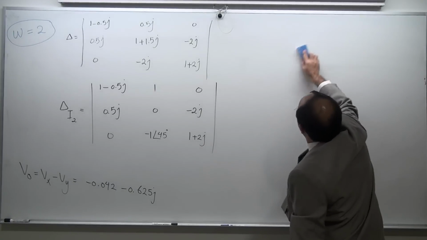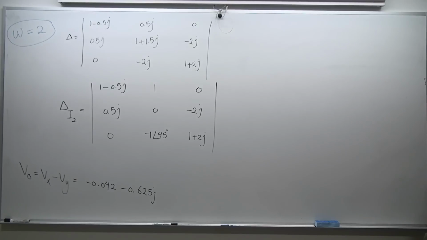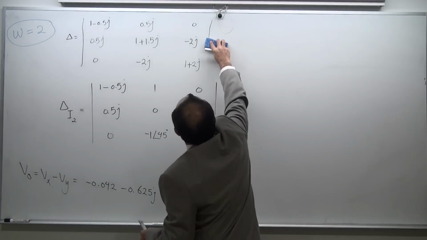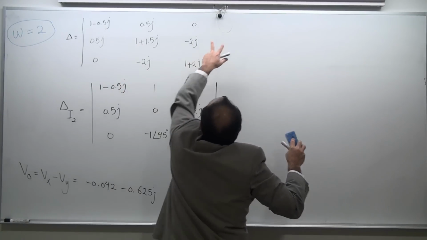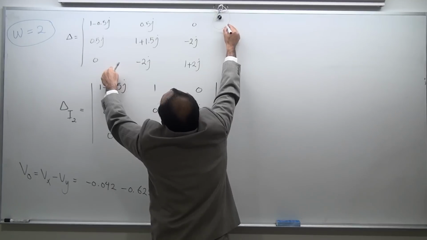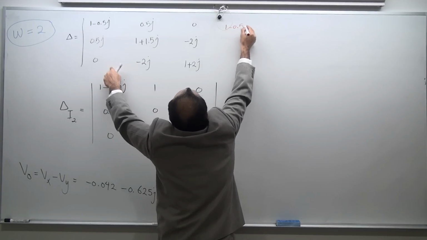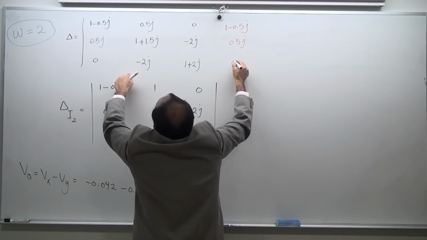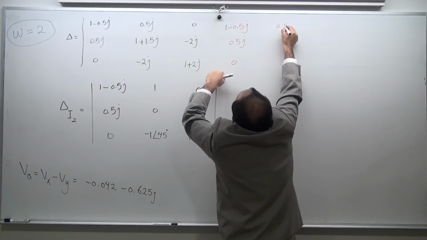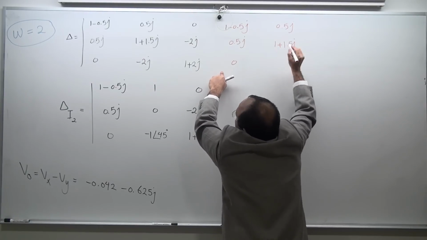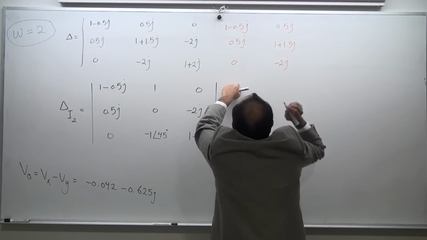Now, if you remember, in terms of finding the determinant of a 3x3 system, all I need is this. I need you to copy the first 2 columns and paste them on this side. 1 minus 0.5j. 0.5j and 0. 0.5j, 1 plus 1.5j, and minus 2j.